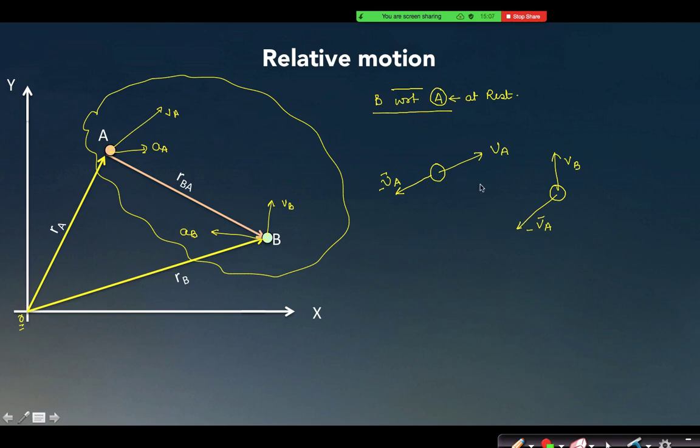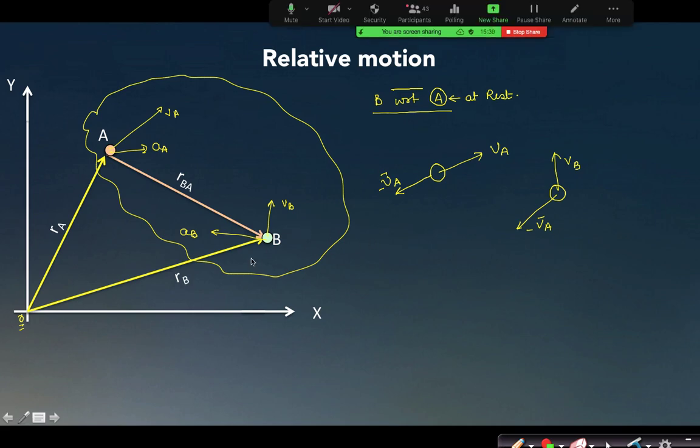That I have drawn for you graphically, but again I can show you these things mathematically. For example, from this diagram, can you tell me what the position vector of B with respect to A is? RB minus RA.